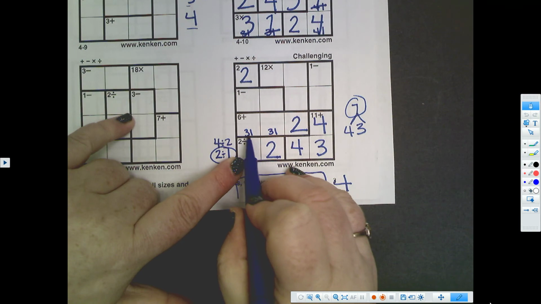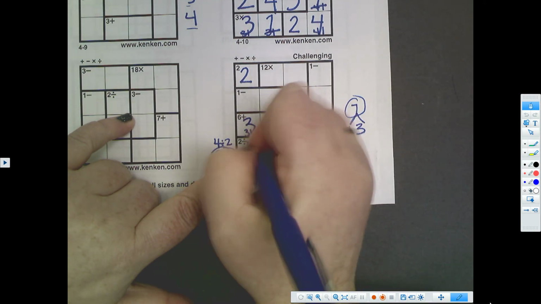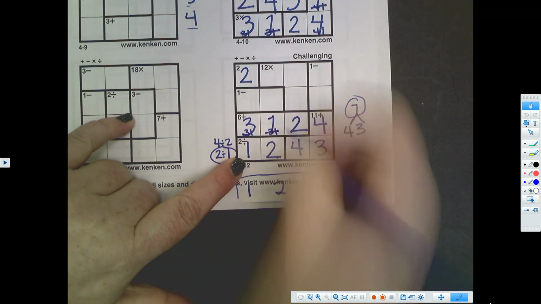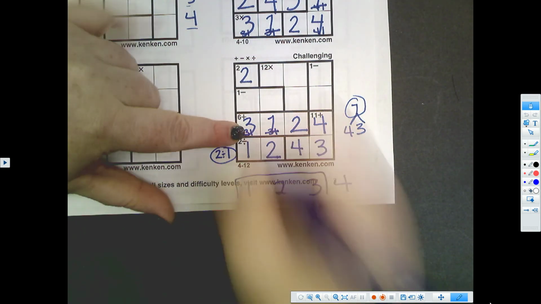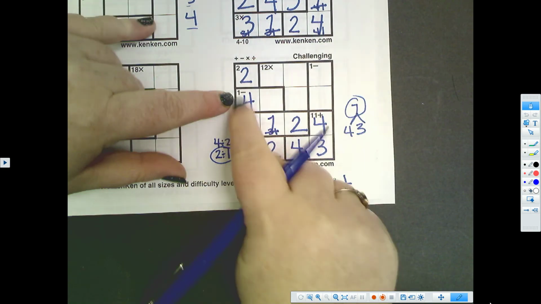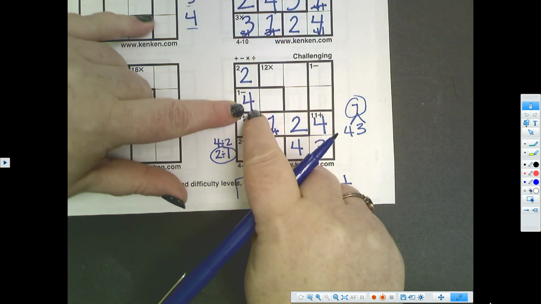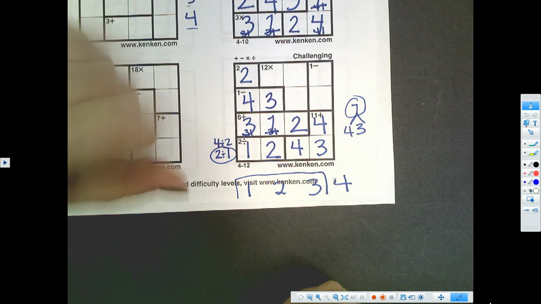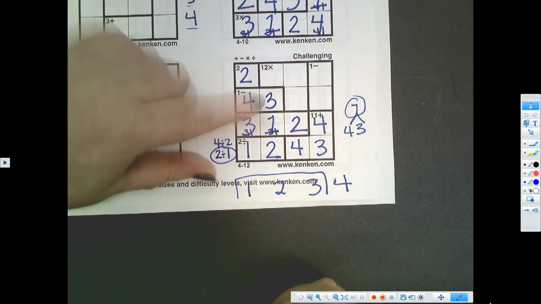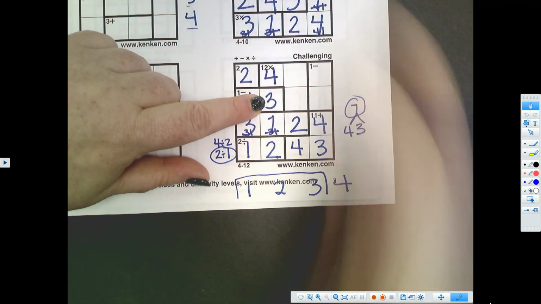Now if I look up here, I know that this one would be my 3 and this one would be my 1. 1, 2, 3, 4. Now this 1 is the answer to my subtraction problem. Well, 4 minus 3 would be 1. 1, 2, 3, 4.